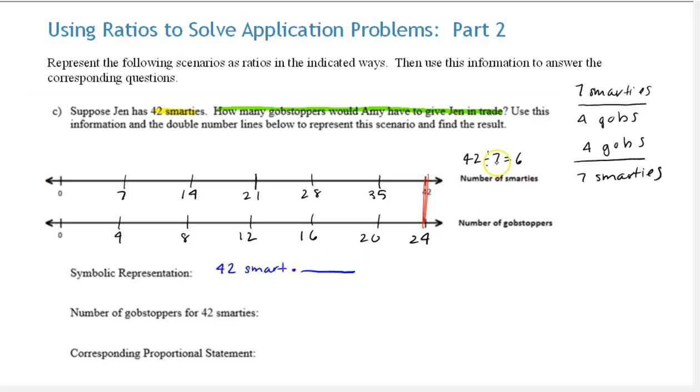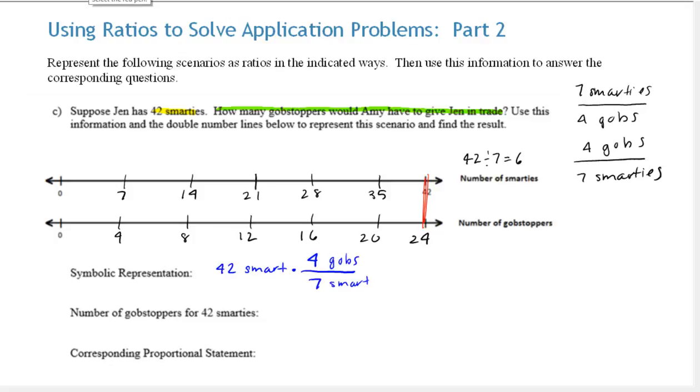So notice we divided by 7 to break it into these pieces, and then we multiplied those 7s by 4s to get the number of Gobstoppers. Now notice this corresponds to 4 Gobstoppers and 7 Smarties. So we're taking 42, dividing by 7 and multiplying by 4 with this one ratio of 4 sevenths.